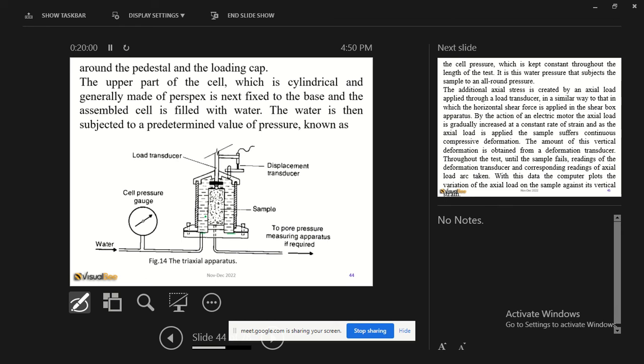Water cannot get inside the sample, and because you are going to apply a lot of pressure around, it might leak. So sometimes you even use grease or ordinary petroleum jelly, just to make sure that water cannot escape, because you're going to squeeze the sample. So this is the sample you can see here.